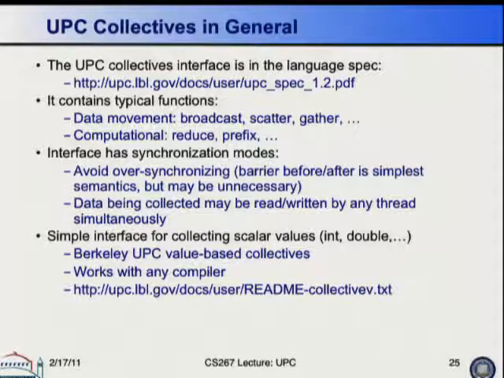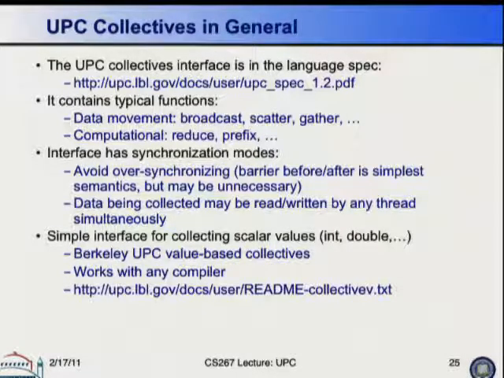When you call a collective operation, the person implementing the collective call needs to know whether all the threads are there at the same time or not, because can they use a data structure, for example, that they've set up ahead of time for all collective operations? Can they be guaranteed that all of the other threads are in the middle of the same broadcast operation, which would allow, for example, one thread to just write into remote memory? Or could it be that some threads are off doing something else and haven't yet hit the collective call?